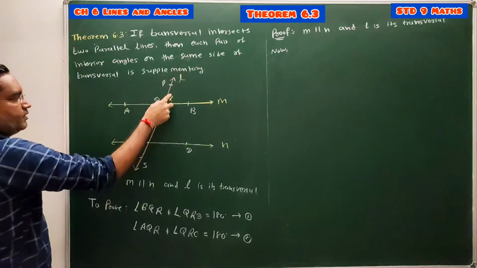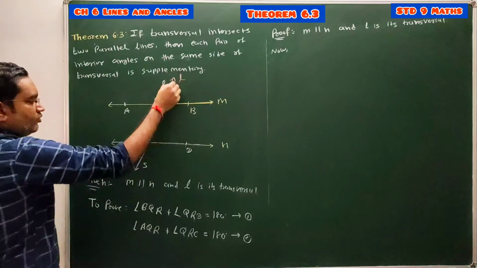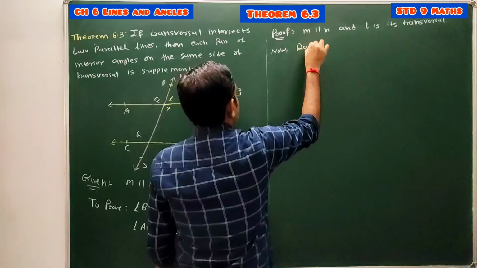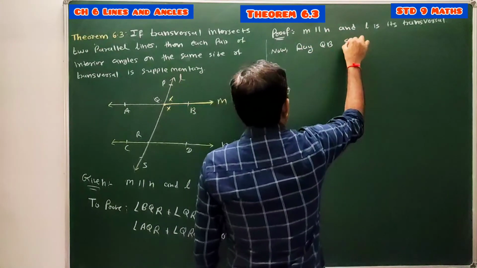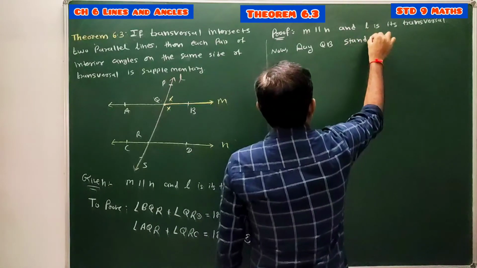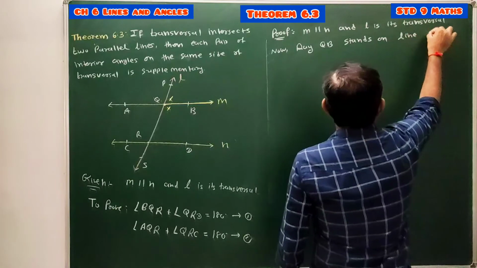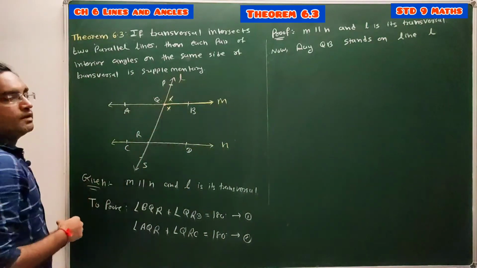These two angles are a linear pair of angles. Here we can say that ray QB stands on line L. Therefore these two angles are a linear pair of angles.